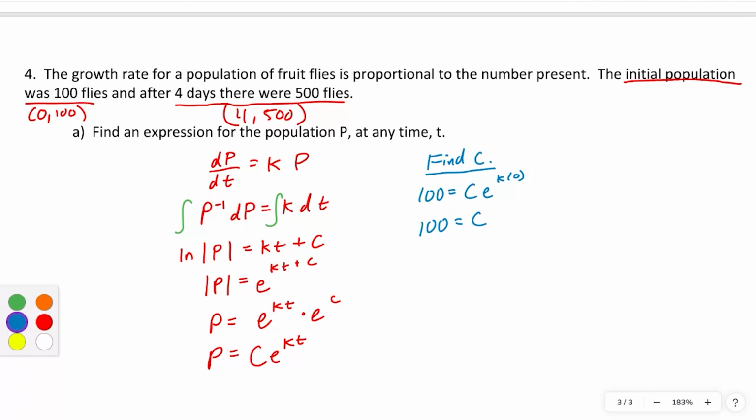Okay, and then we'll find k. We could use the other point to find k. So we've got 500 equals, now that we know c is 100, we could throw that in, 100 times e to the k times 4.